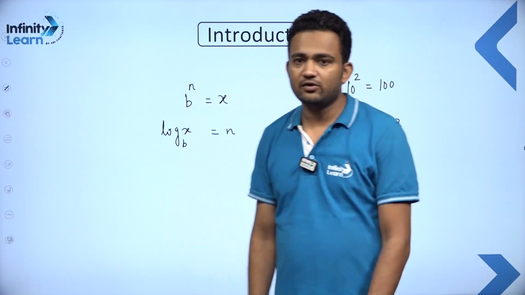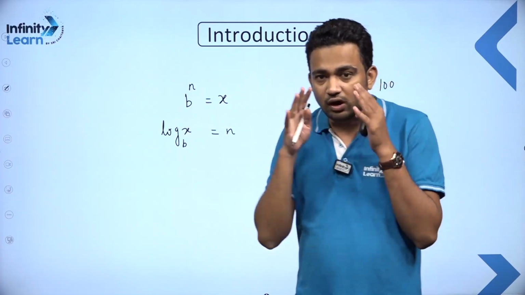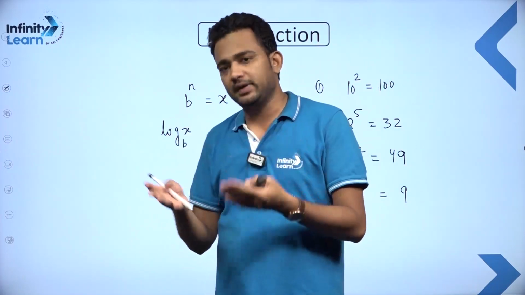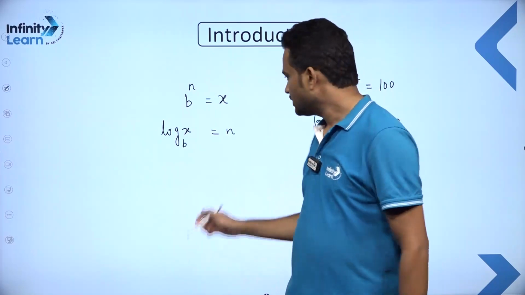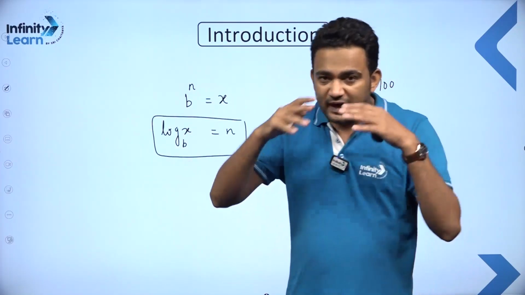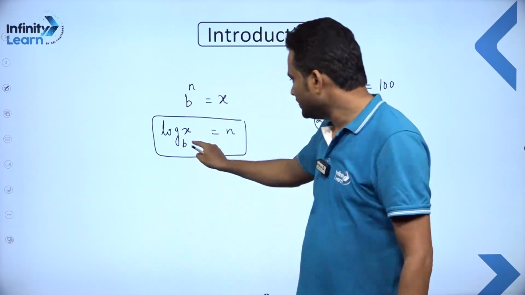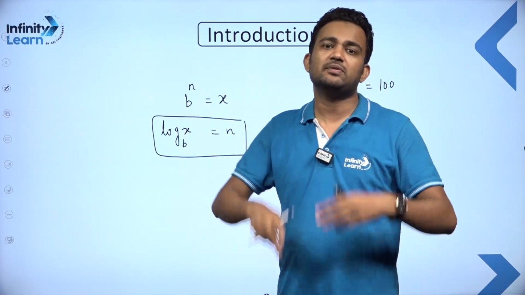How will we read this? This is log x to base b, log x base b. The simple meaning of this is how many times we should multiply b so that the result is x. That will be the exponent.